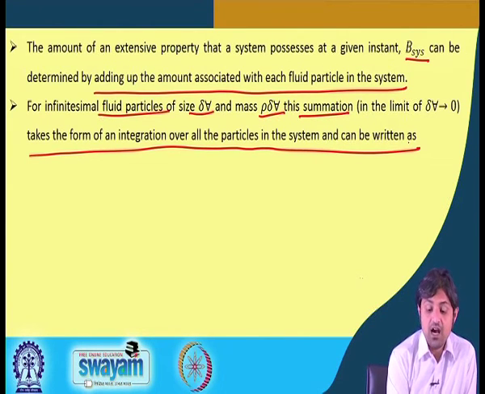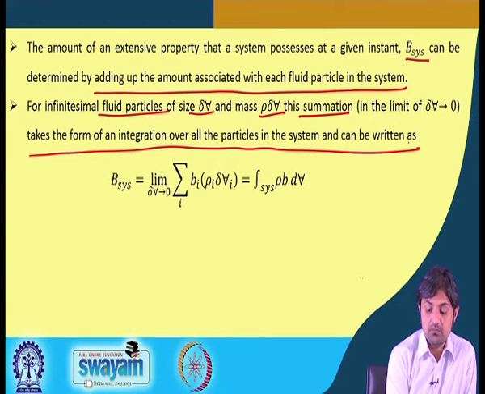So, if we consider a small fluid particle of size delta V, and take the limit to 0, B sys will be the integration over all the particles of the system. So, capital B system is the summation of b_i rho_i, so it is a summation over the mass, right? Correct.